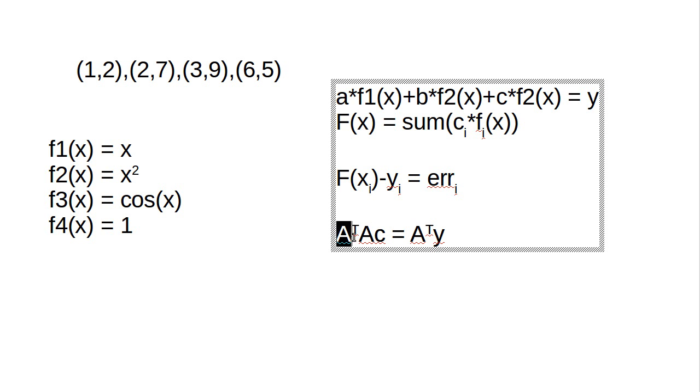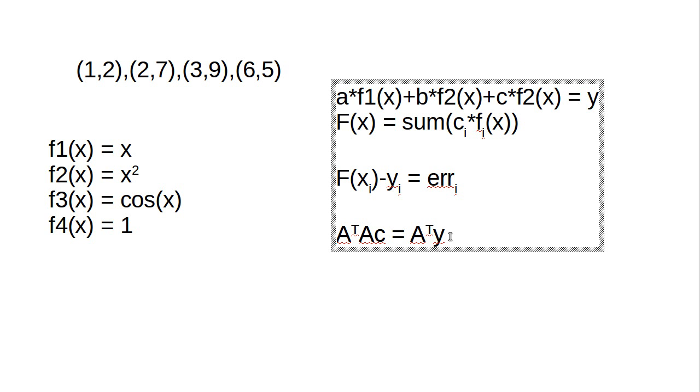Because this is very overdetermined, if we take the transpose of A and multiply both sides by the transpose of A, this will now become a smaller square matrix, and this will be a vector on the other side that has a matching dimension, so that this is all happy.